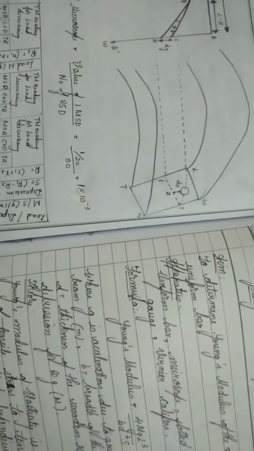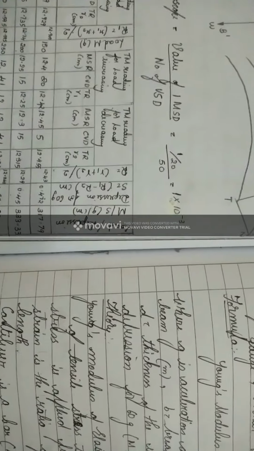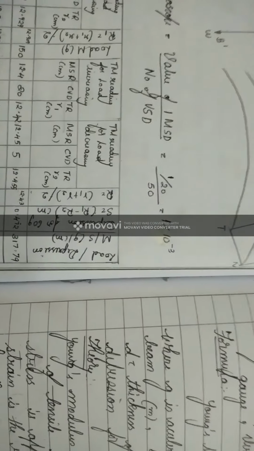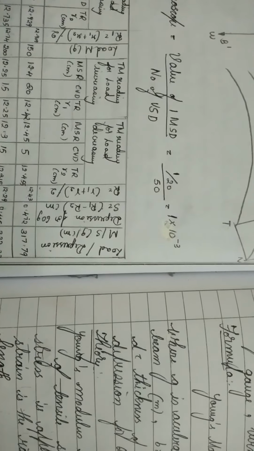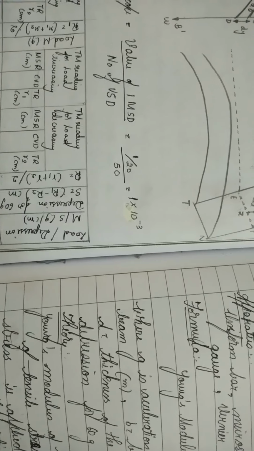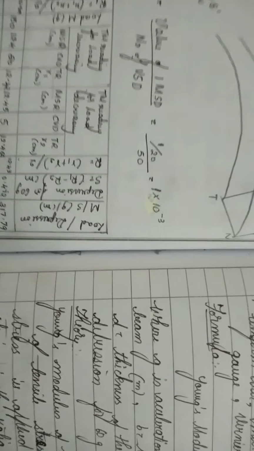See here, it is 12.595 and 12.048, it will be something like 12.05. This is R2 actually, R1 is here. If you take the difference between these two, it will be 0.554. It is 12.595 and 12.041, that will be 0.554.